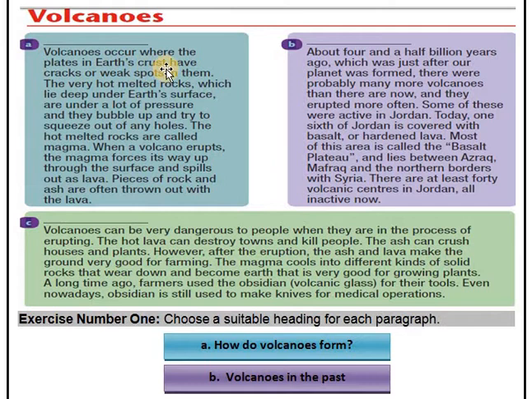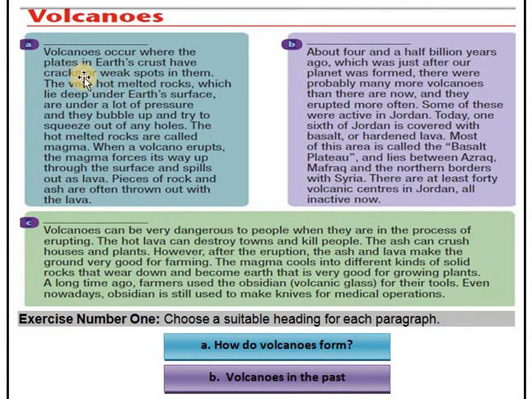Volcanoes occur where the plate and Earth's crust have cracks or weak spots in them. Underline these 3 lines, guys. البراكين تحدث عندما يكون في صفائح القشرة الأرضية تصدعات أو مناطق ضعيفة, weak spots.